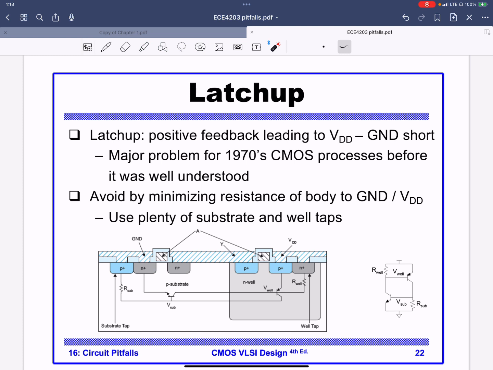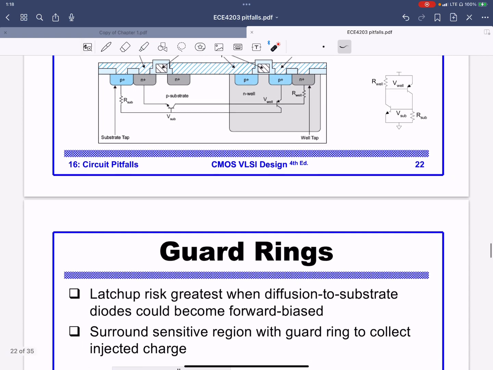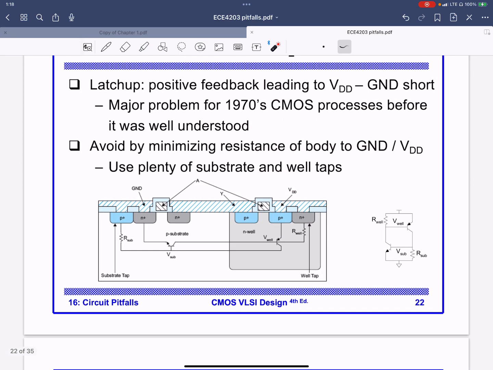Basically, it gets a very high current through these devices and prevents them from working. So the circuit so-called latches up. Again, I think if you're careful in the design of your main circuits, you don't really see them very much. This is something that had happened in the past.